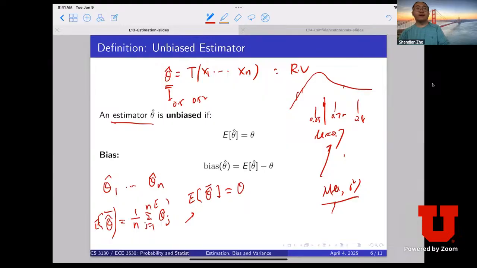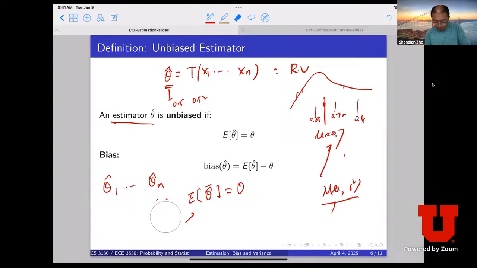Does it make sense? All those are IID, and they are unbiased, meaning that if you take the expectation of each one, it's just the ground truth. That's the definition of an unbiased estimator.